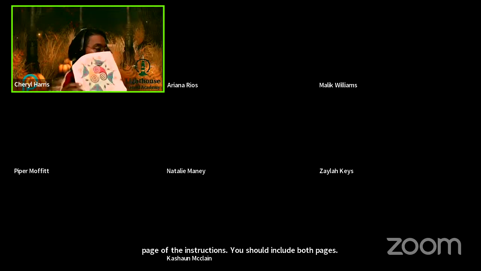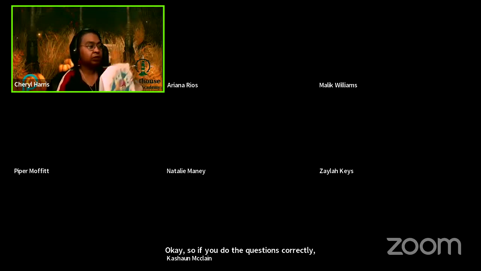You should include both pages so that when the colors don't match, I'll know which question you got wrong. If you do the questions correctly, it should look more like this than the other page. It's not going to look like the one on the instruction page or the introduction page.